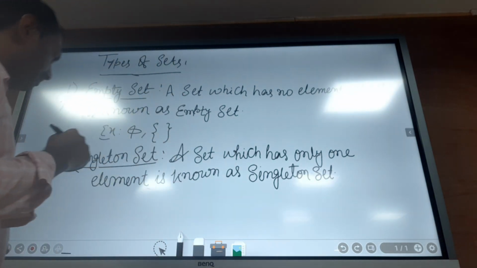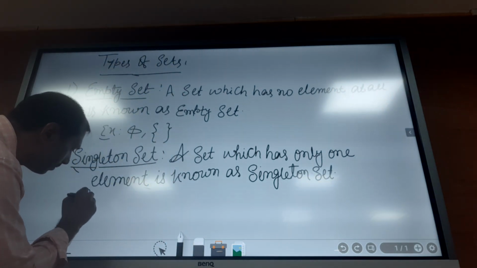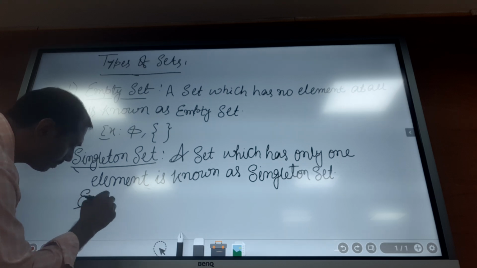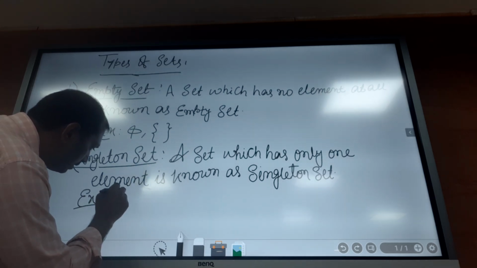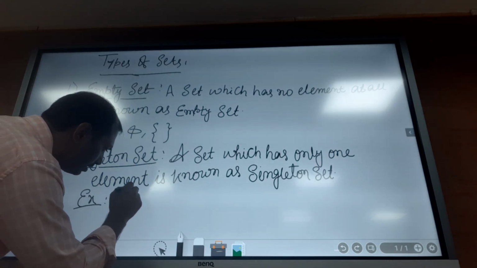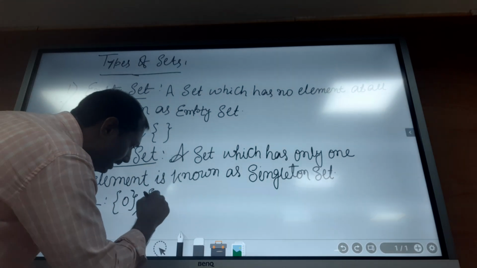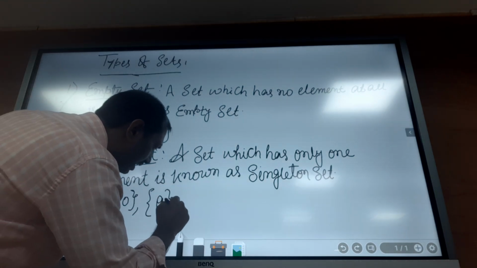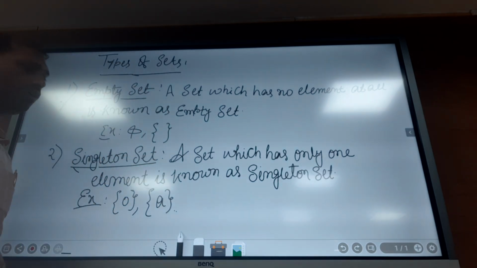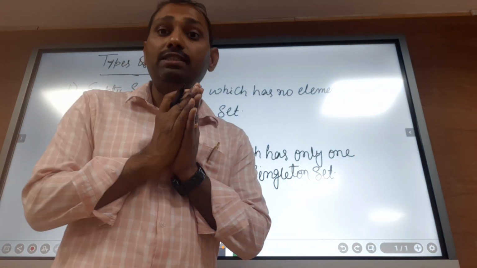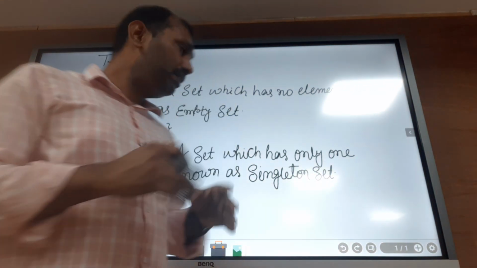For example, a set which has only one element, that is 0 or any alphabet like A. So this type of set which has only one element, that is known as a singleton set. So these are the two examples.